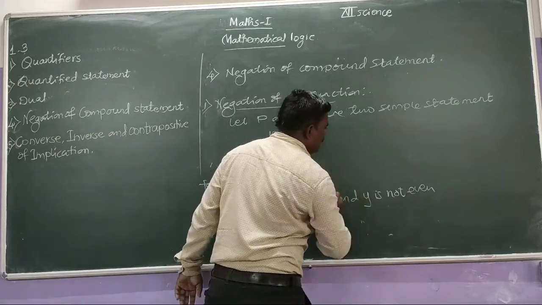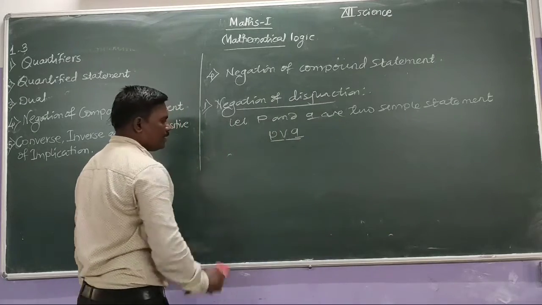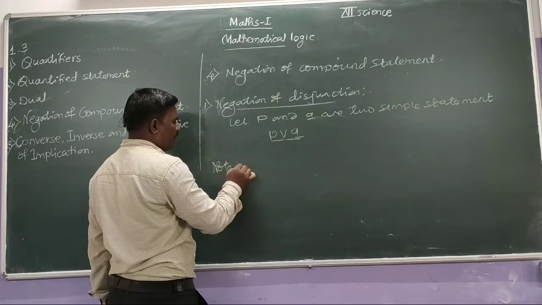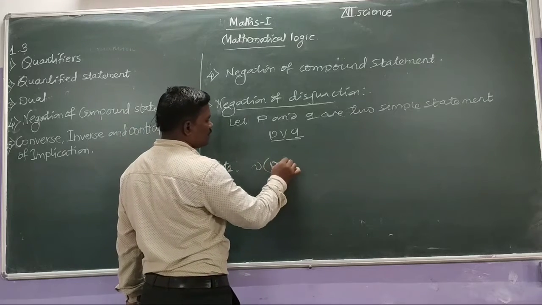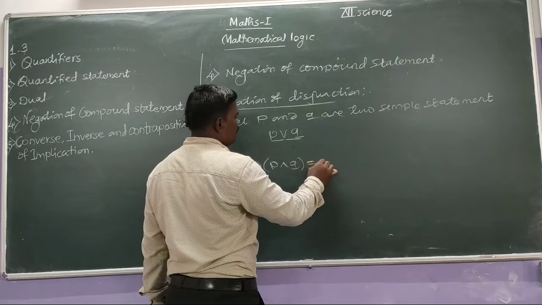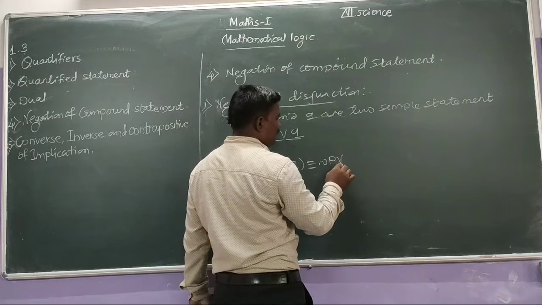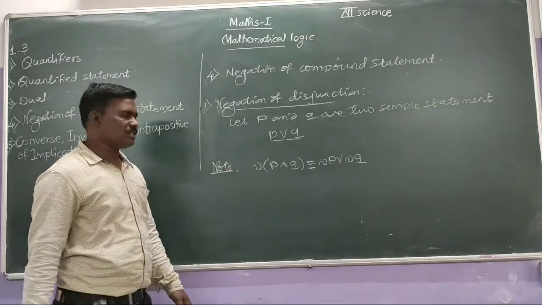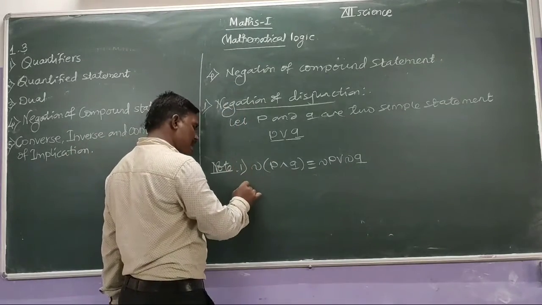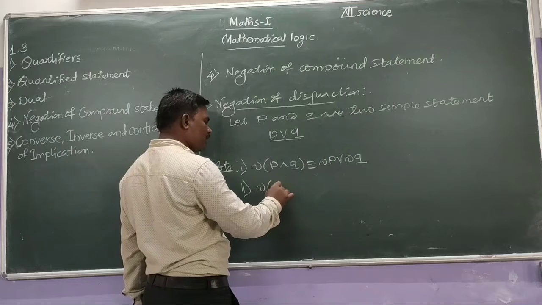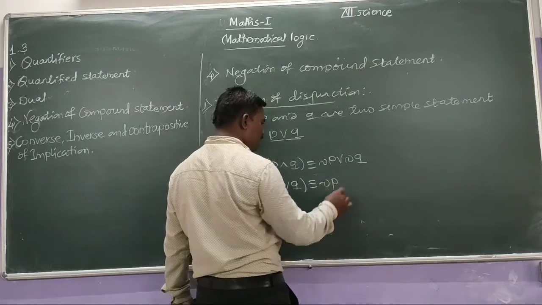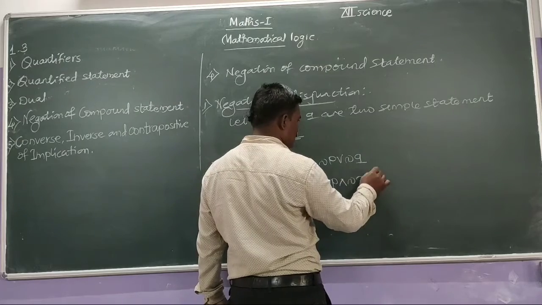Note here: the negation of the conjunction is the disjunction of their negations, that is the first thing. And second, the negation of p disjunction q is equivalent to negation of p conjunction negation of q.